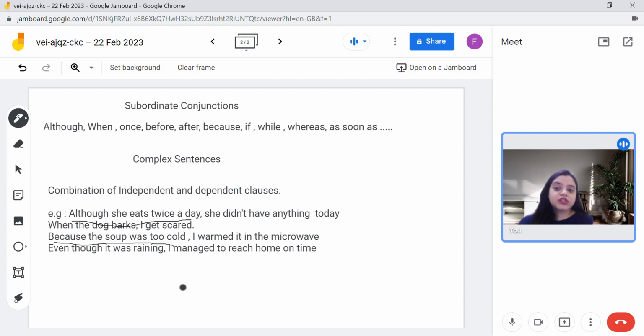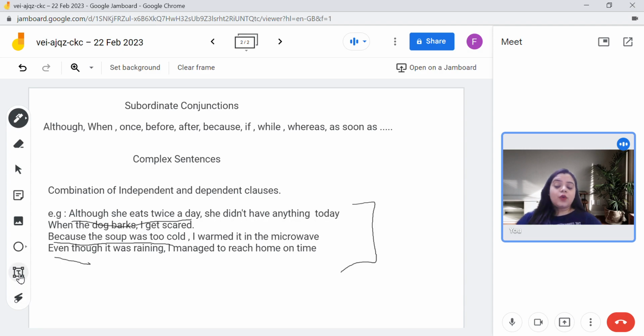These questions need to be answered with the help of an independent clause, that I warmed it in the microwave. Even though it was raining, again a subordinate conjunction, I managed to reach home on time. These are all examples of complex sentences.